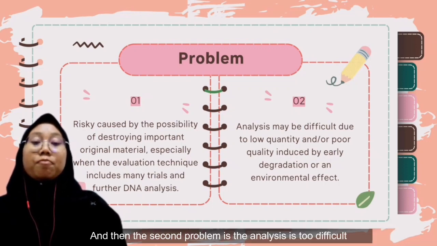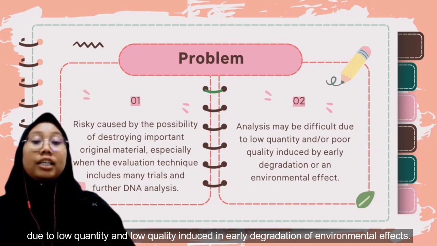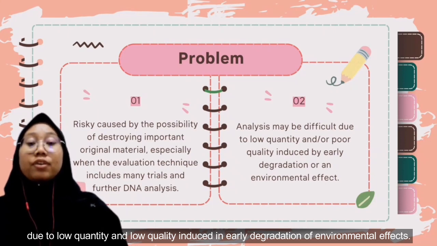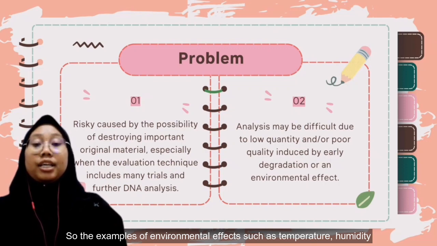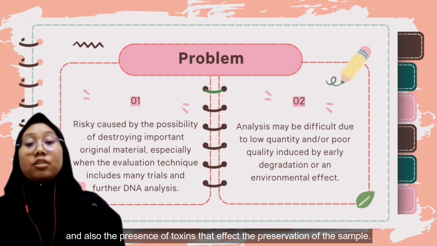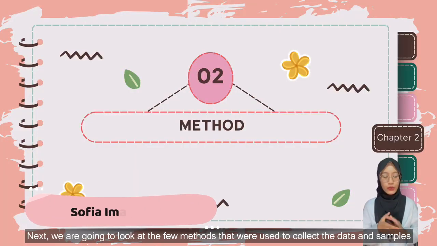The second problem is that the analysis is too difficult due to low quantity and low quality induced by early degradation from environmental effects. Examples of environmental effects are temperature, humidity and the presence of toxins that affect the preservation of the sample.